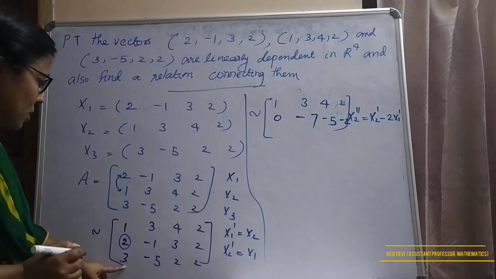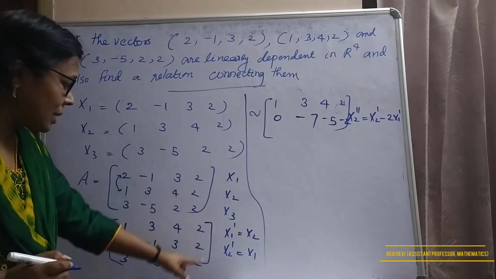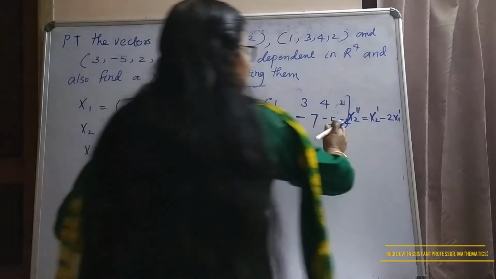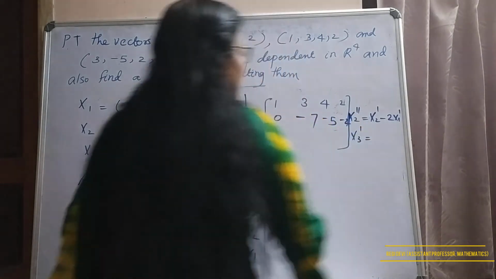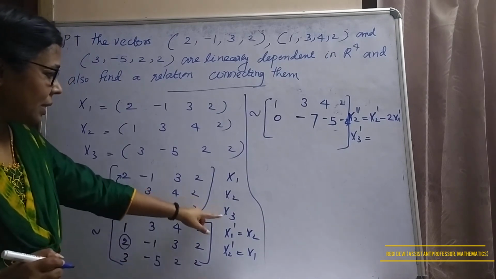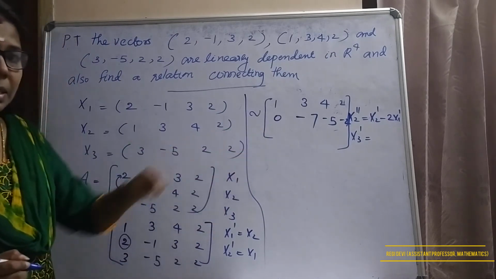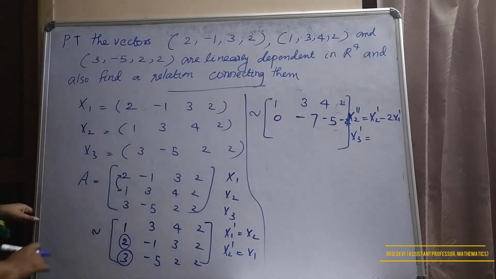Now we have to reduce this third row, which is x3. x3 changes to x3 dash. Here we have to change this 3 into 0.